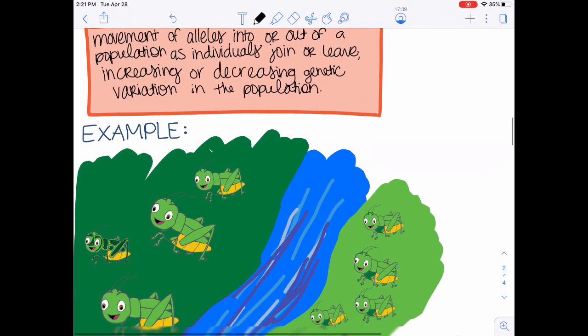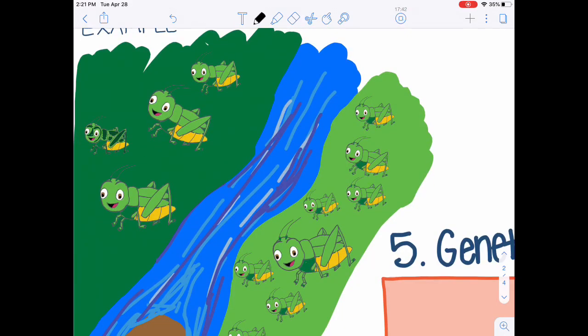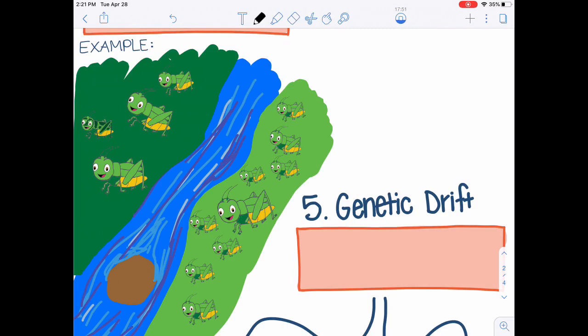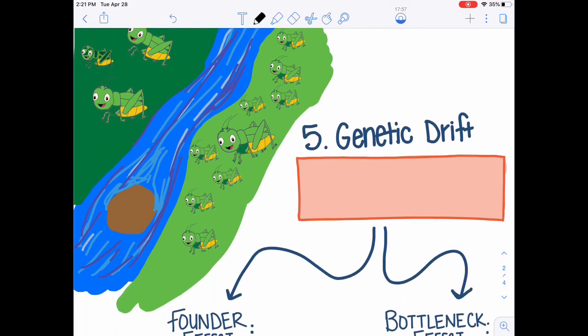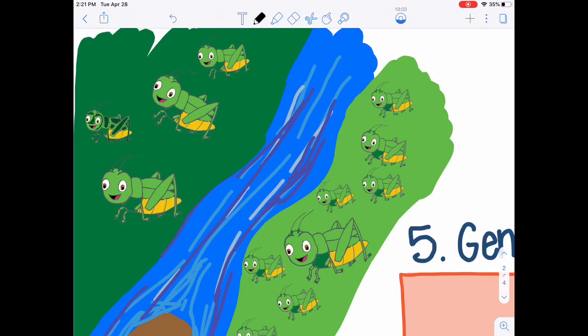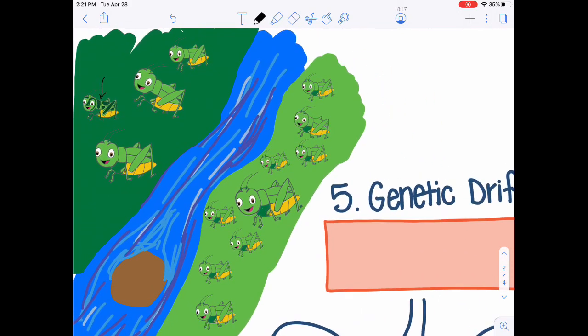So for my example here, I have some grasshoppers, and we have 2 sides of a river. On one side we have some lighter colored grass, on the other side we have darker grass. One grasshopper over here has some sort of mutation that causes his exoskeleton to be darker colored, which kind of helps it out in its darker habitat.